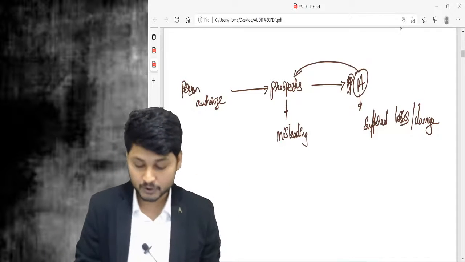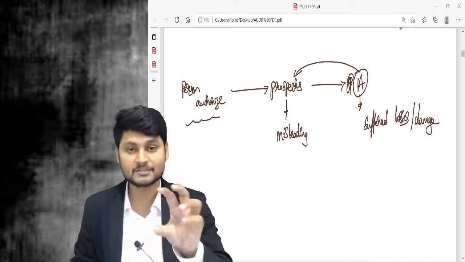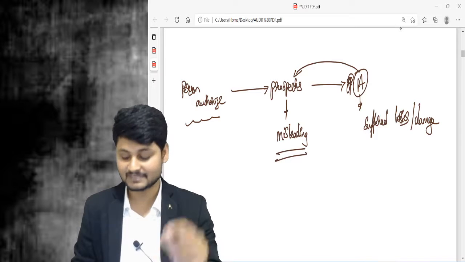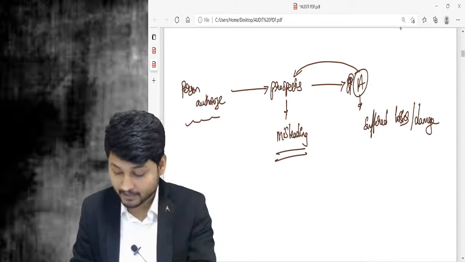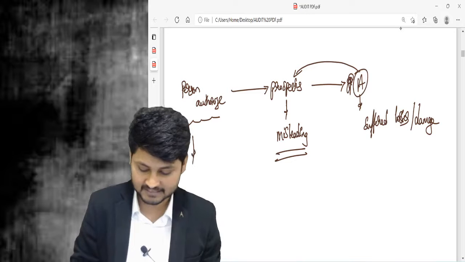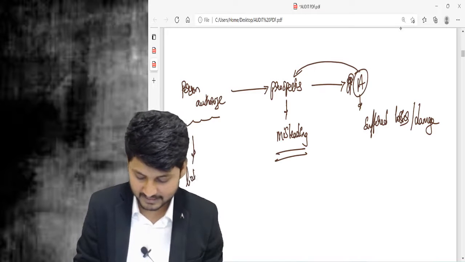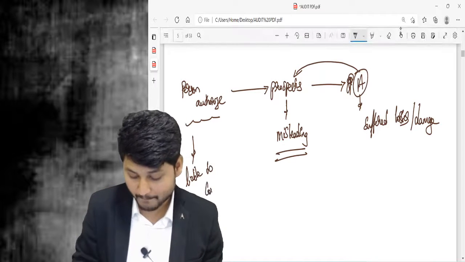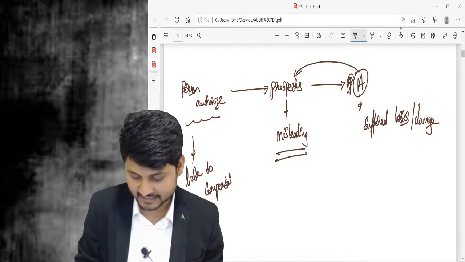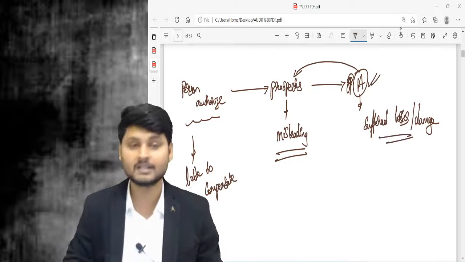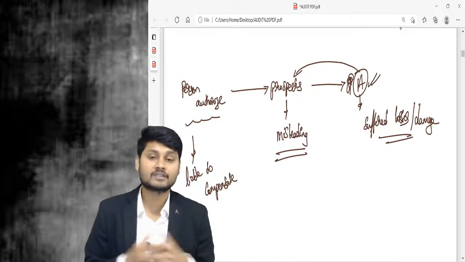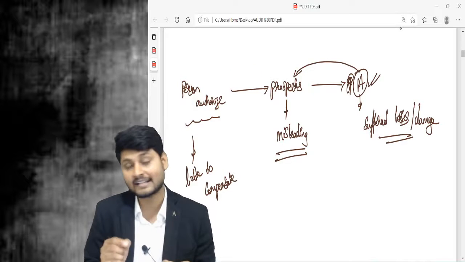or damages. Now those persons who authorize the issue of this misleading prospectus are liable to compensate those persons who suffered the losses. Here, what is not the essential condition?